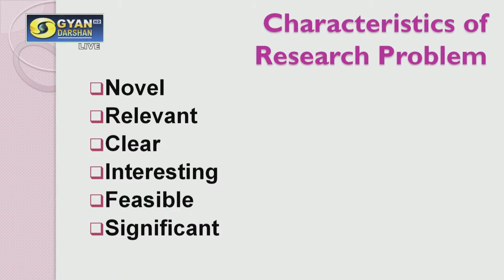What are the characteristics of the research problem? It has to be novel, relevant, clear, interesting, feasible, and significant. Why feasible? Feasible in terms of time and cost. That's very important to see. If you are doing it alone, then you have to see how much time you have, how much money you can spend.